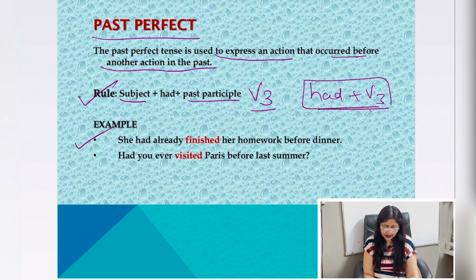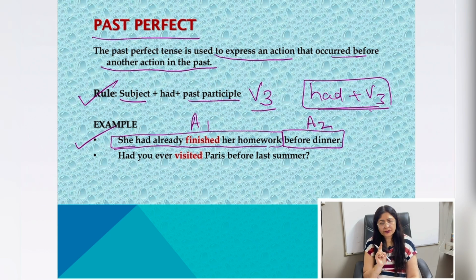Now see the example. She had already finished her homework before dinner. It means there are two actions. She had already done this, this is action 1, this is action 2. Whenever two actions happened in the past but occurred at different times, if they are occurring at the same time, then you have to make use of V2 in the first action and V2 in the second action.